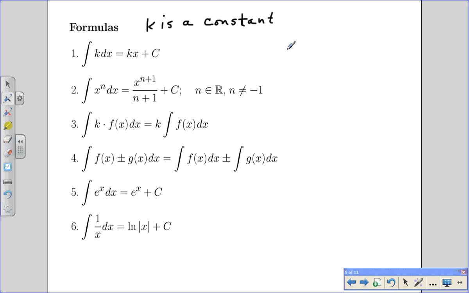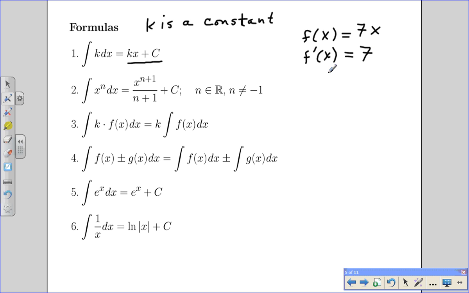And you can check any of your integrals by simply taking the derivative on the right-hand side. So here, if we start off with kx, suppose we had f of x equals, well, in this case, we'll just do 7x. Then f prime of x, so if f of x is 7x, then f prime of x is just 7.